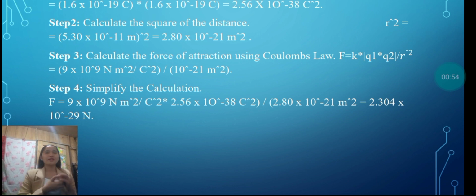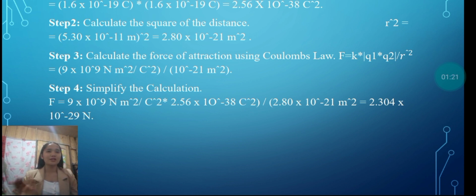Step 1 is to calculate the product of the charges. 1.6 times 10 to the negative 19 C and 1.6 times 10 to the negative 19 C is equal to 2.56 times 10 to the negative 38 C squared.